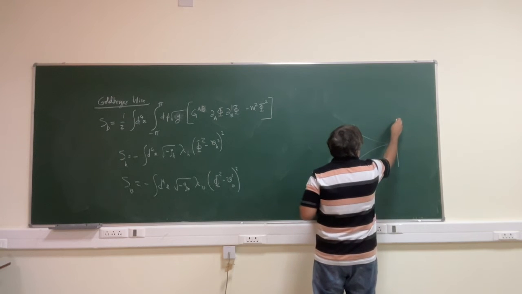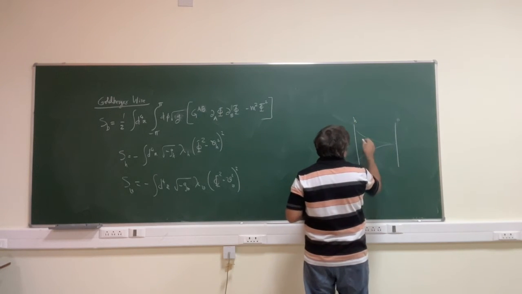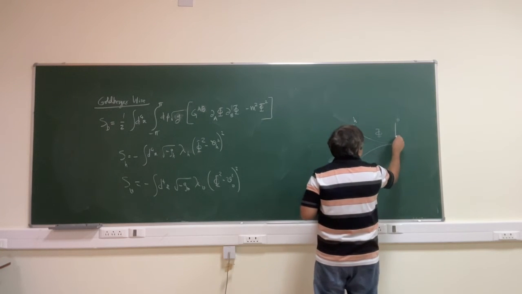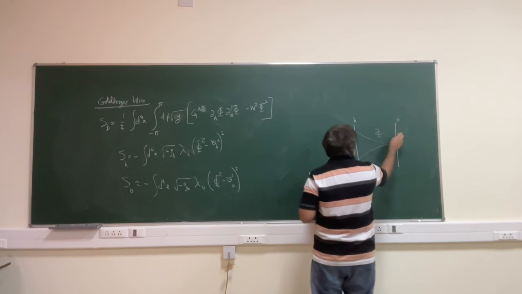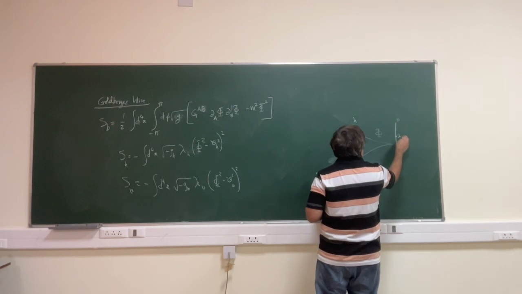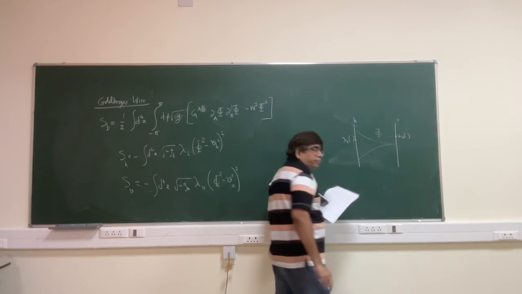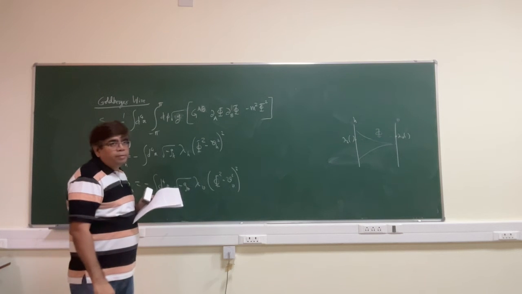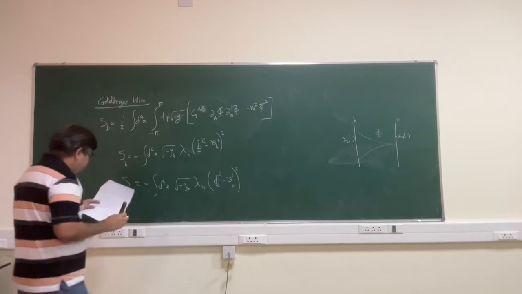This is your visible sector, this is your hidden sector, and now you put in a bulk scalar field, and then you have two localized actions with lambda phi 4. This is the basic setup, and in addition you have a bulk scalar.